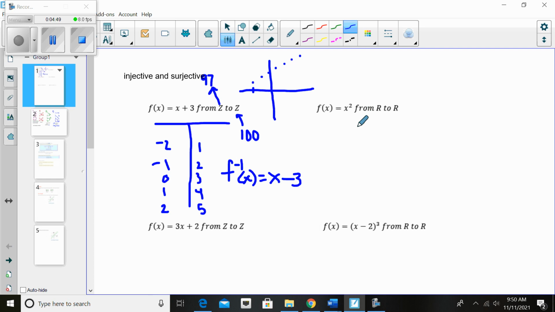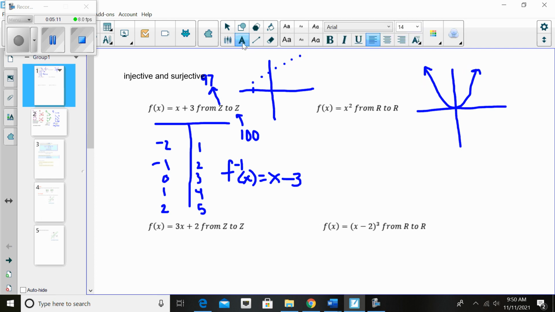Now this next function, I am going to map from R to R, so from the set of all reals to the set of reals. We should recognize that as our standard parabola. If I draw the graph, clearly I can see it's not one-to-one. It would fail the horizontal line test. And then is it onto the set of all reals?